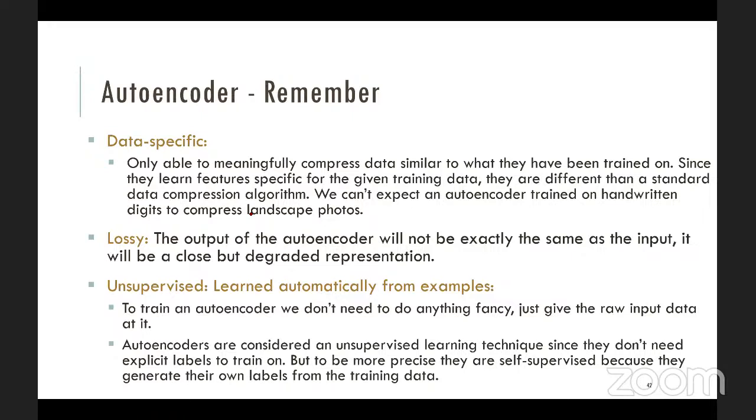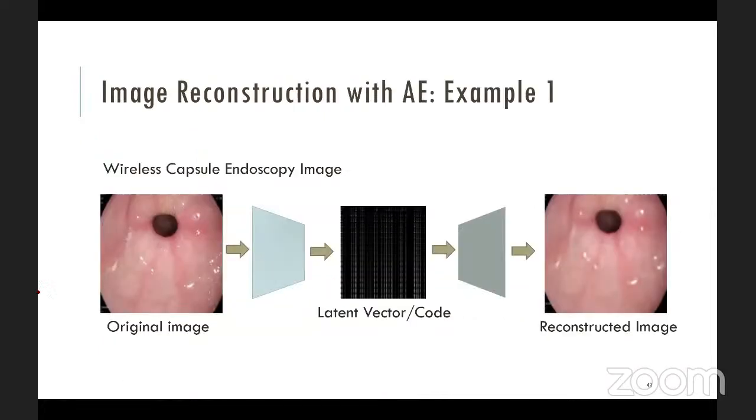Autoencoders are data specific: if you have trained your autoencoder for particular data, it will not work on other data. It is lossy; the latent space captures the important things, but the output is close, not exactly the same. And it is unsupervised: you provide examples, and your autoencoder learns from those examples automatically.